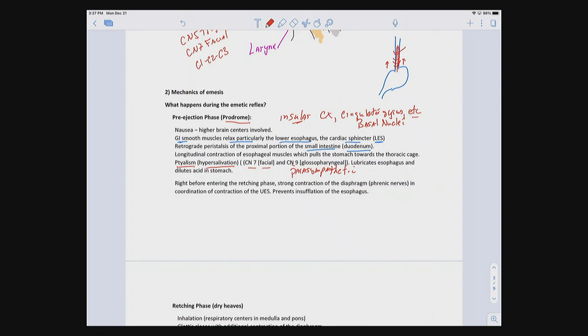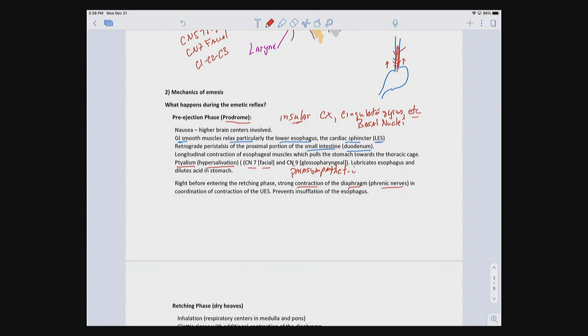So you're in this nausea stage, and again, that could last for a pretty good length of time. But right before you transition from the nausea stage to the next stage, which is going to be retching or dry heaving, you're going to have a strong contraction of the diaphragm, and this is going to be courtesy of your phrenic nerves, your right one and your left one. And remember, that is controlled by the neurons in your cervical cord at levels C3, C4, C5, and then that is in turn controlled by your respiratory centers in your brainstem, your medulla and your pons area.